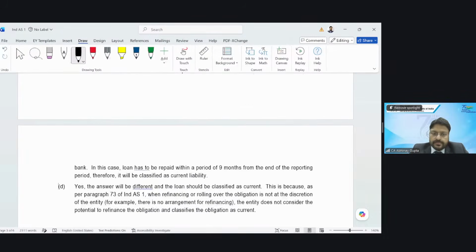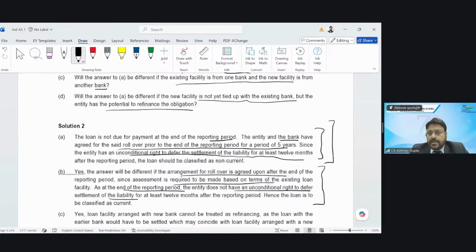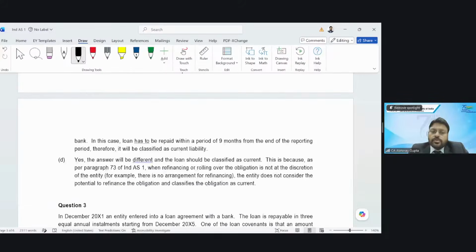And the last scenario: will your answer be different if the new facility is not yet tied up with the existing bank, but the entity has the potential to refinance? So potential to refinance, but no refinancing has yet been obtained, right?